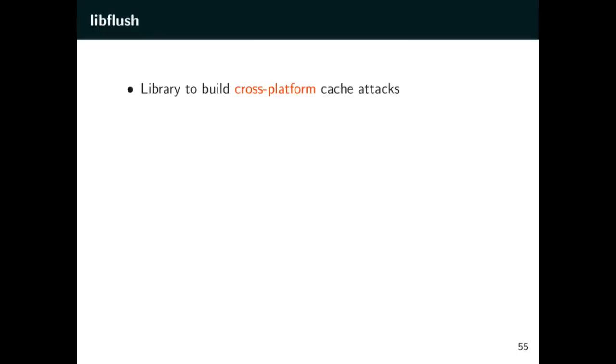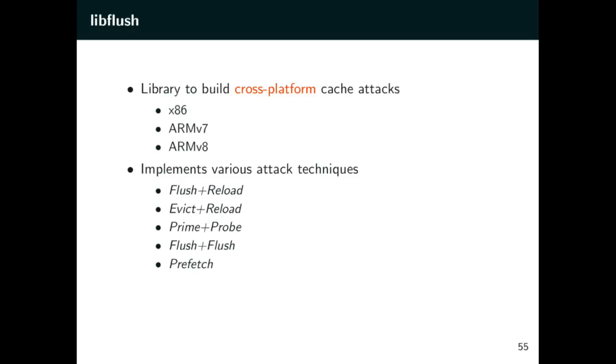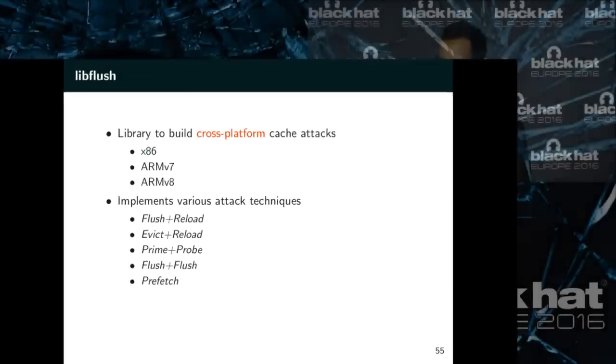Last but not least, we want to show you the tools that we have developed to mount such cache attacks. The first thing we did, we built a library to build cross-platform cache attacks. You can write your attack code once and execute it on x86, ARMv7 and ARMv8. It implements various attack techniques, some of which we've shown you previously.